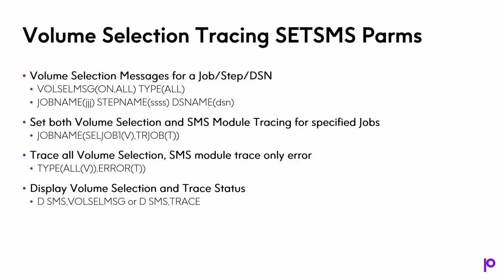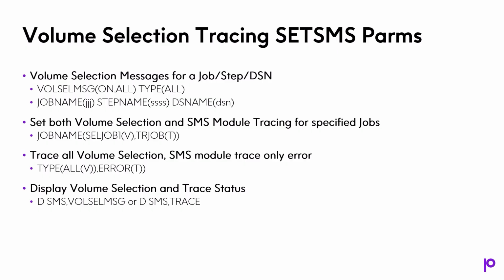It is possible, there's a bunch of abbreviations you can specify, so that if I wanted to say, I want to see both volume selection and SMS module tracing for a particular job, I could set JOBNAME, SELECT JOB, VOLUME, TRACE JOB, TRACE. So there's a bunch of these that I could set, but normally it's VOLSEL MESSAGE ON, and the particular type and job name.